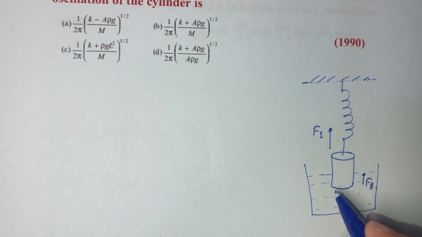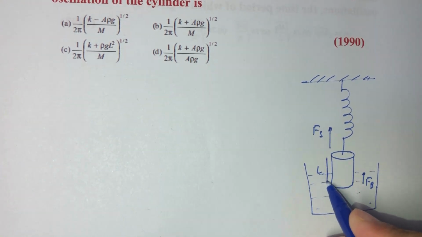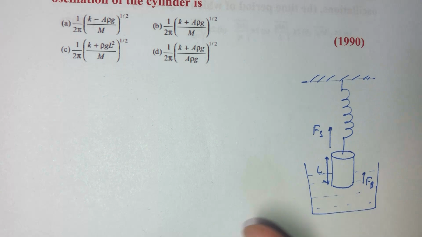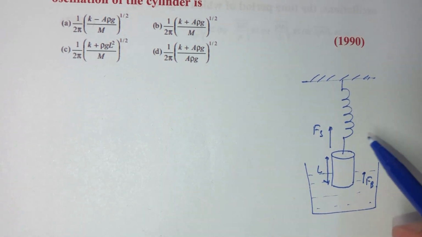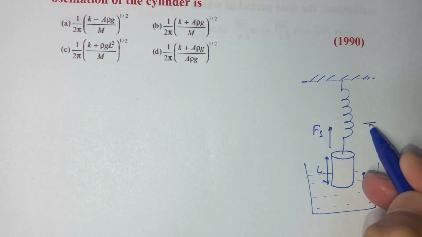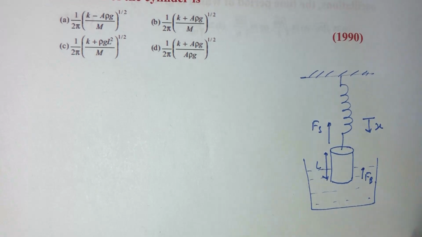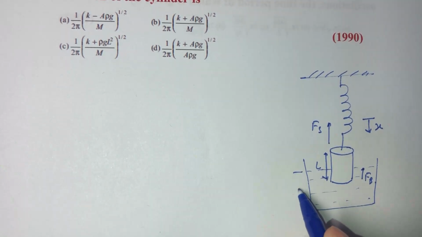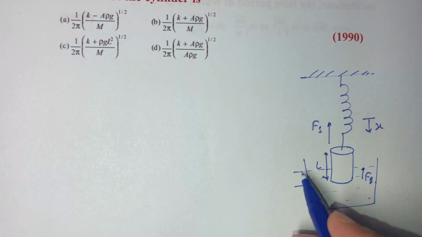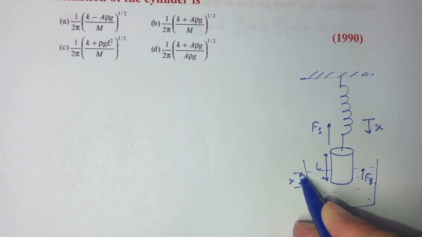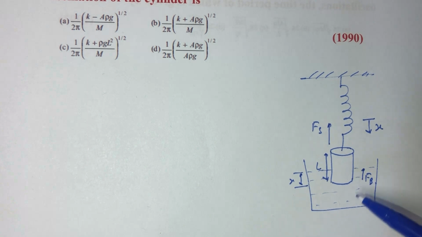The total length of the cylinder is given as L, and the downward push given to the spring is, suppose it is displaced from its position of equilibrium by a distance of x, then it will be submerged by a distance of x in the liquid, so the push to the spring will be equal to the amount of the cylinder which will be submerged in the liquid.